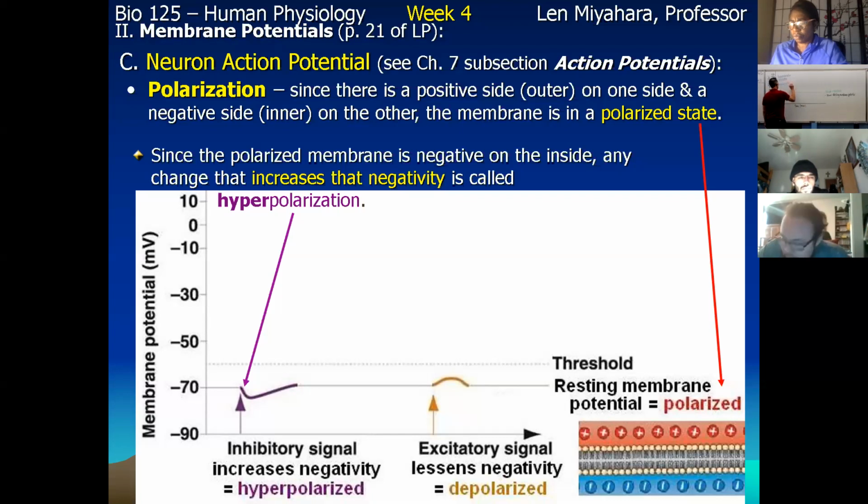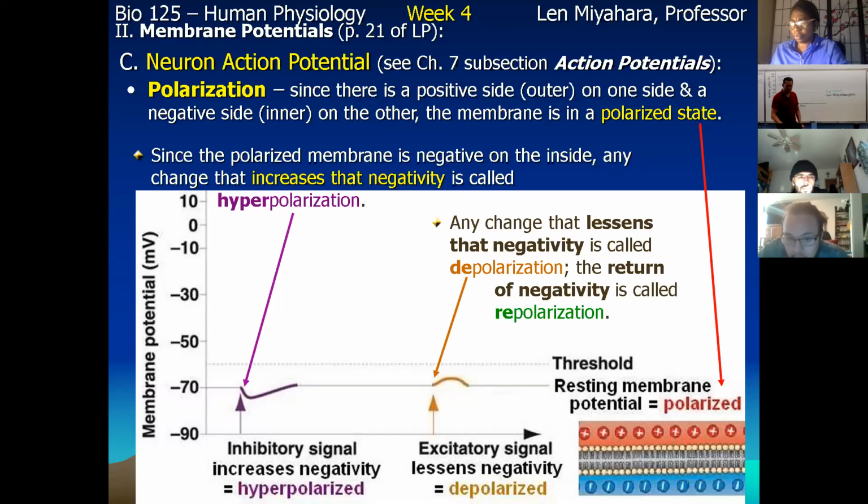And because depolarization is closer to threshold, that is excitatory. And if you get enough depolarizing signals onto that neuron, it's going to reach threshold and fire.